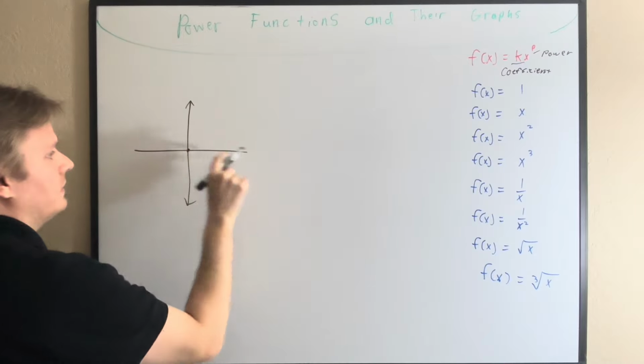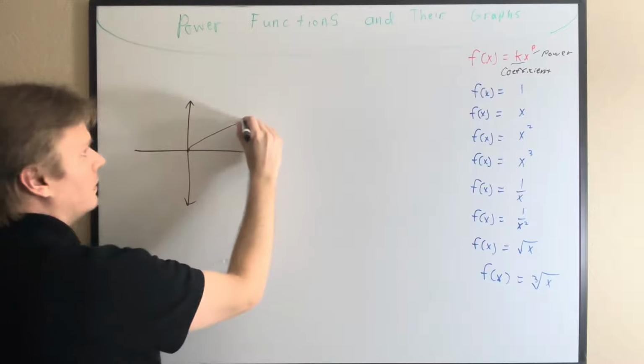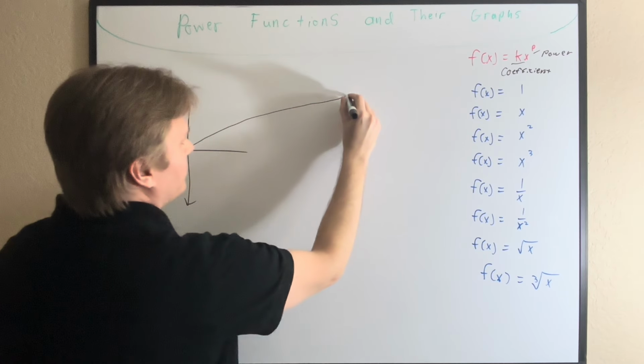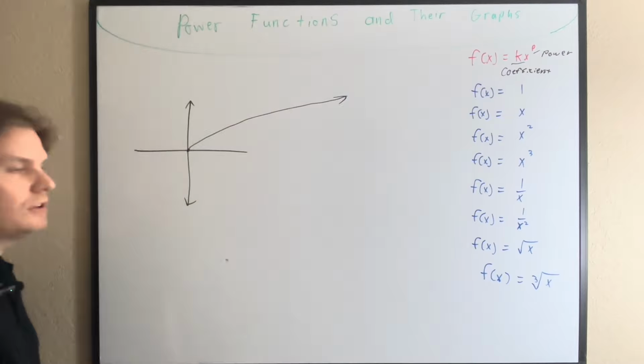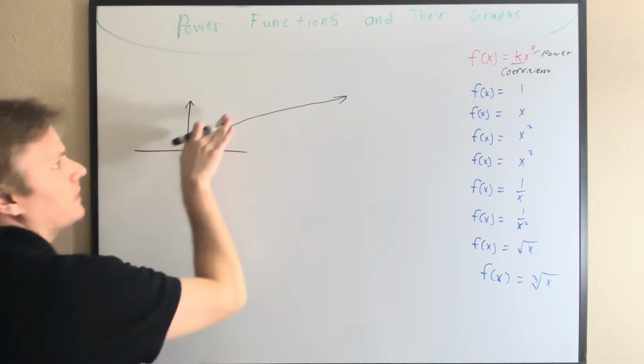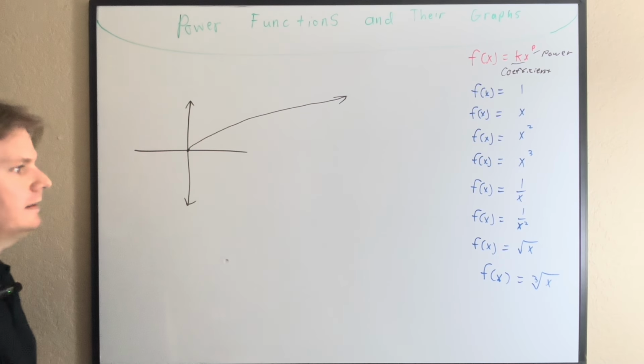But as our x value gets larger, so does our y value, but very slowly. That's why it seems like it's kind of a half parabola there. Interesting.